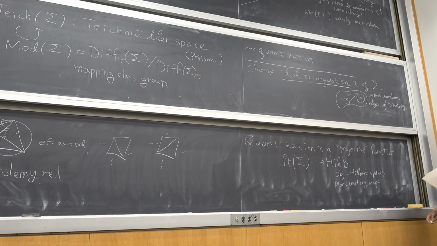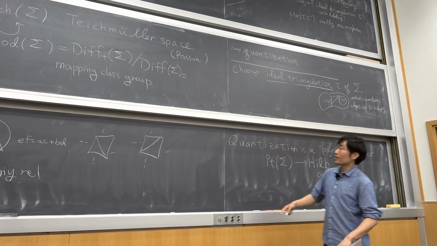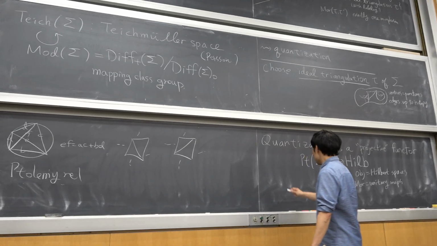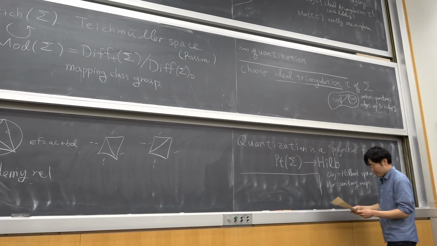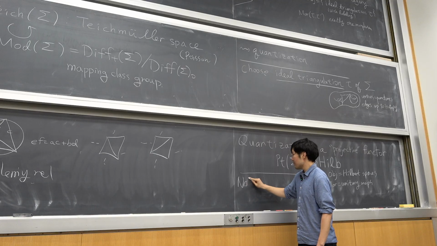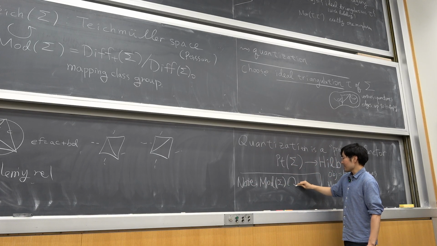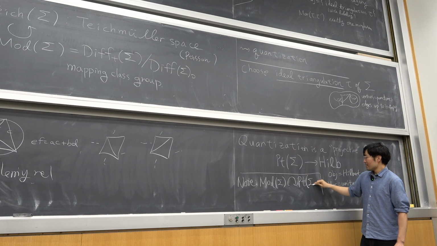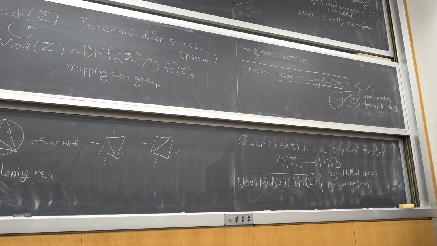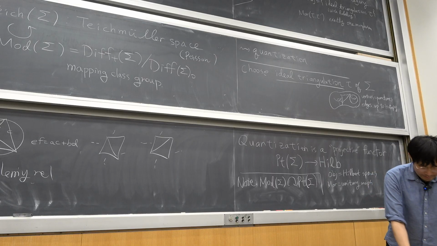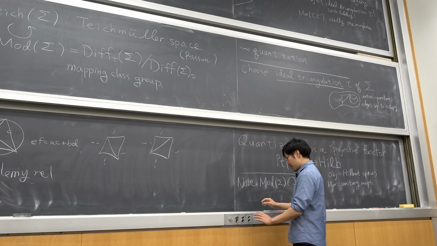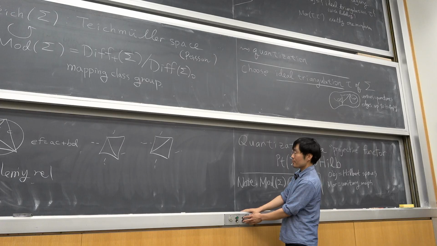Also, one thing I have to take into consideration is the mapping class group action. Let's remember that the mapping class group acts naturally on the Ptolemy groupoid of ideal triangulations. I'm not being precise in much of what I'm saying right now.